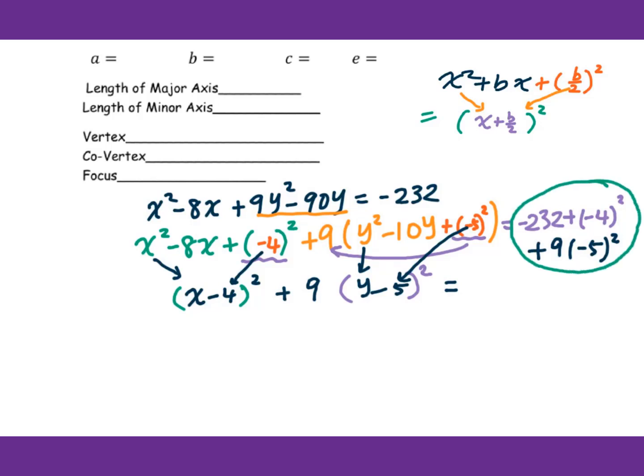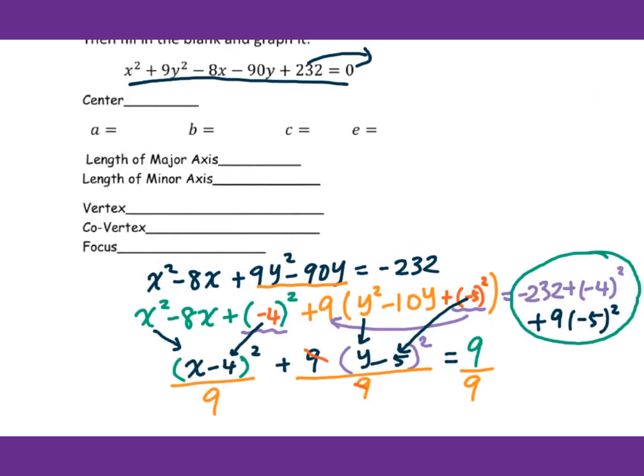You will get 9. Then we divide both sides by 9. Then reduce here. You will get x minus 4 squared over 9 plus y minus 5 squared over 1 equal to 1.